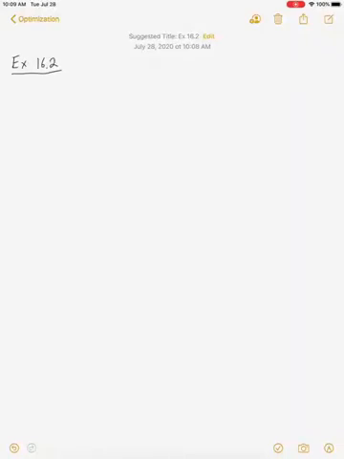All right, so I'd like to do example 16.2 from the textbook. So the problem there is to maximize 2x1 plus 5x2 subject to a few inequality constraints.